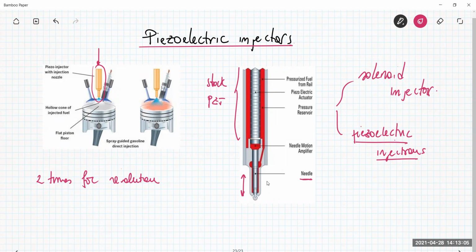So the goal in my design here is to design a driver for this kind of piezoelectric injectors. The driver is, as I said before, a half bridge, because I'm modeling my piezo injector as a capacitance.